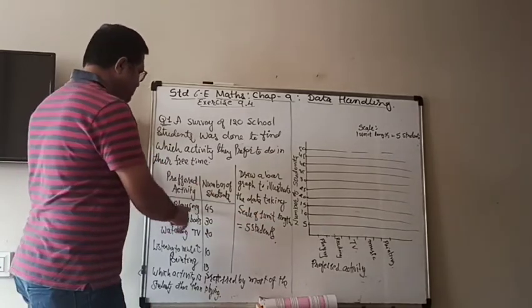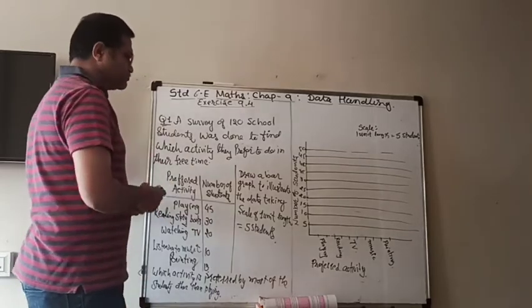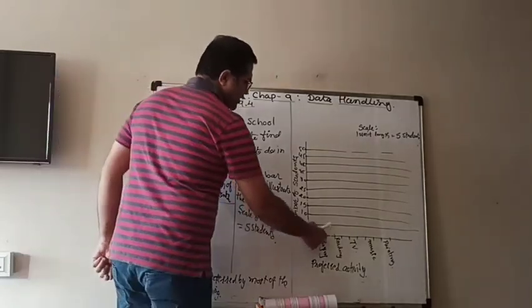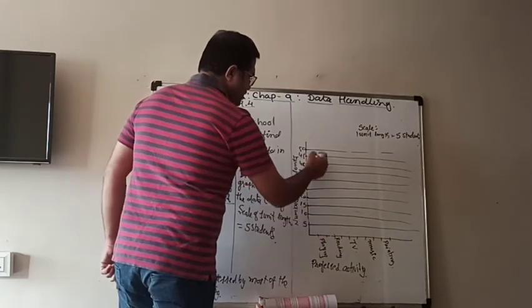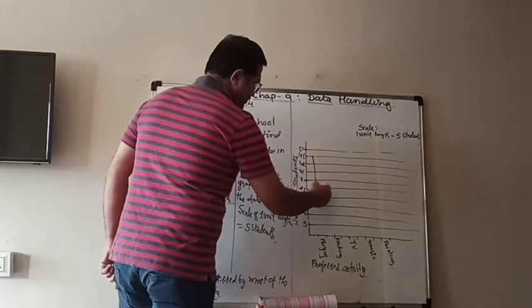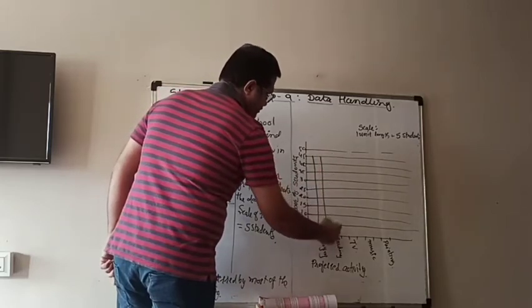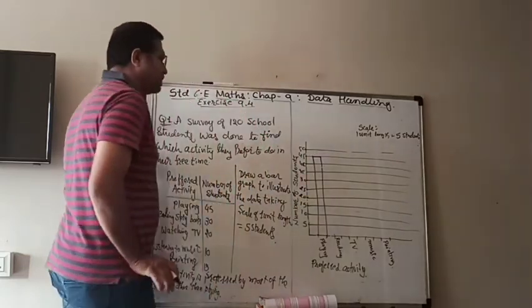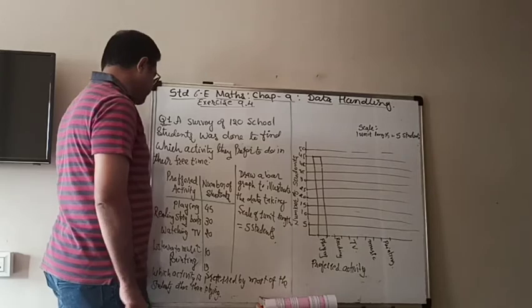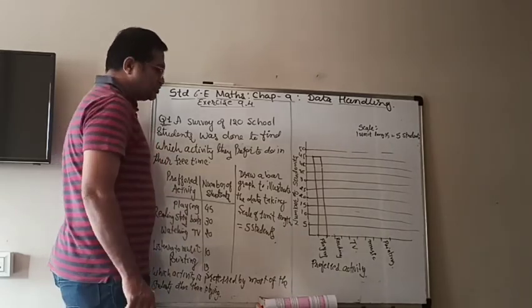So first activity, playing, that is 45 students. So here playing is here, and 45 is here. So now from here we have to draw up to 45. And that is your bar graph for the playing activity. Reading storybook is preferred by 30 students.